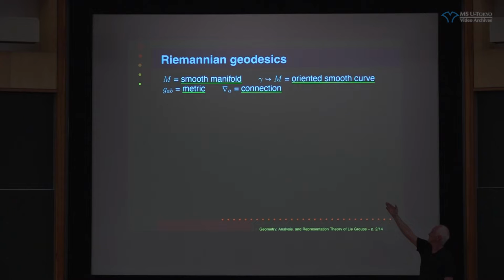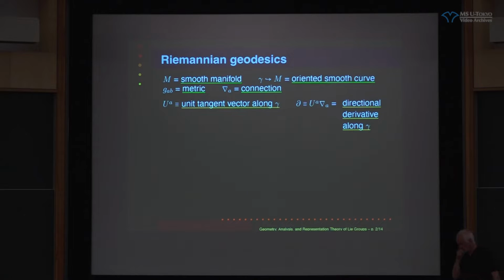And then there's the connection here, which takes any tensor you like, and differentiates it, and that's got an index on to indicate that the answer is in a one form with coefficients in the bundle you first started with. This notation is officially called Penrose's abstract index notation, so it has nothing to do with actual coordinates.